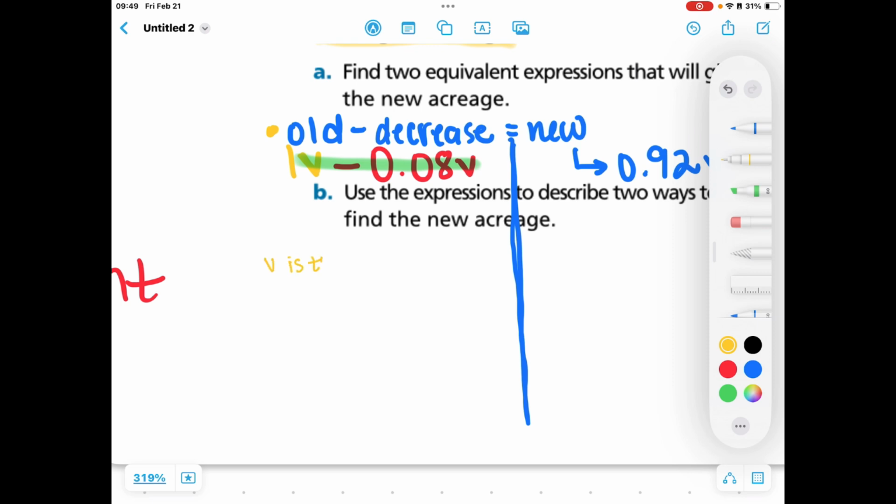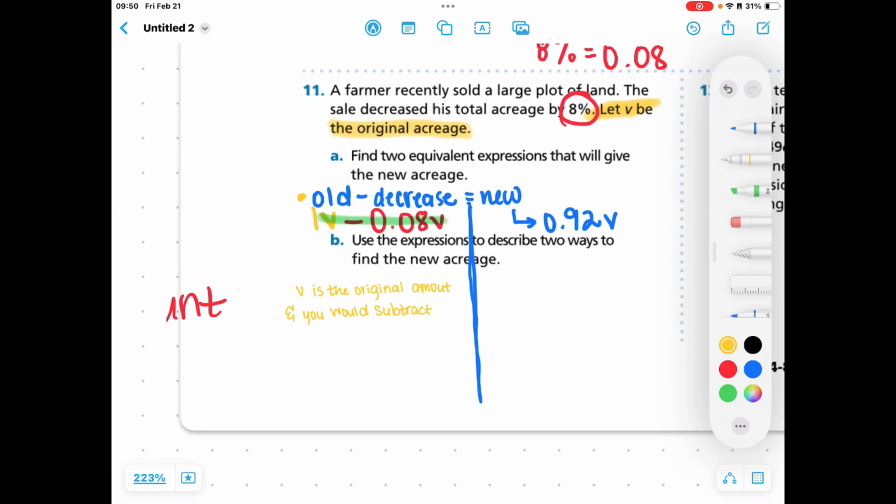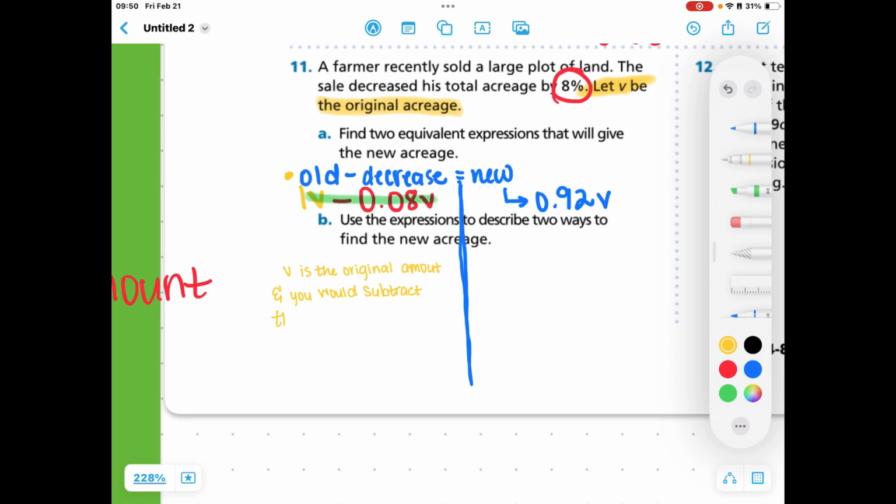V is the original amount, and you would subtract the decrease, the sale decrease, to find new amount. And then I'm even going to put a big fat equal sign because this is equal to what the new acreage is.